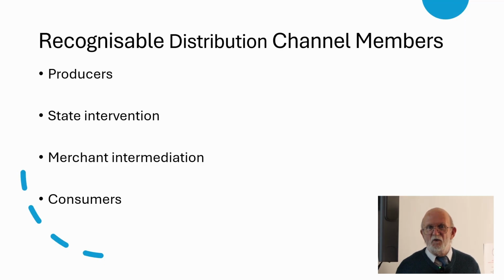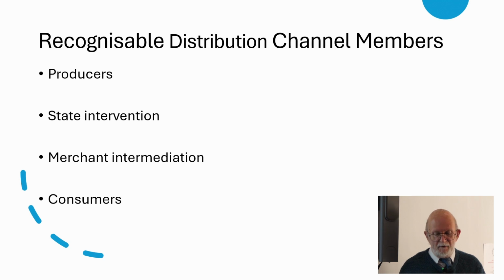And the short answer is no. The key players in the trade component of the economy are still the producers at the upstream end, producing the individual items, the consumers at the downstream end, who are the users of the components and the commodities, and between them the important role of the state and a subsidiary role of merchants, the public sector as we know it today with the state, the private sector activity with the merchants.